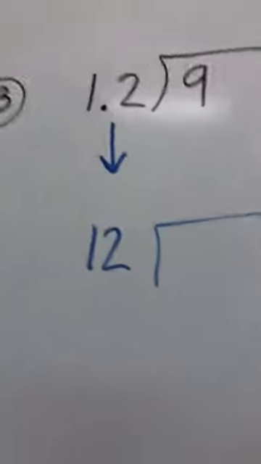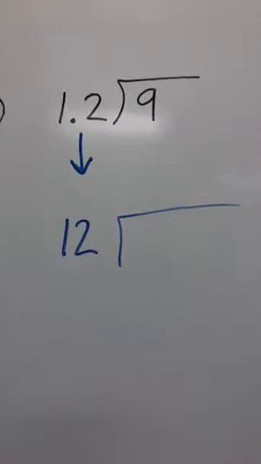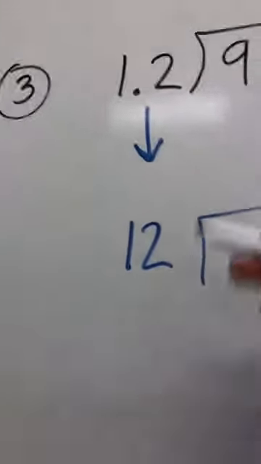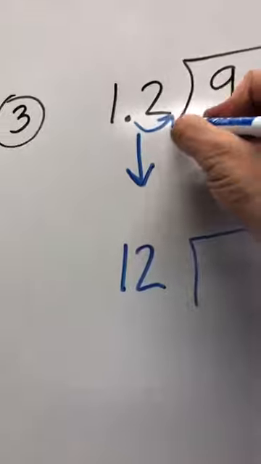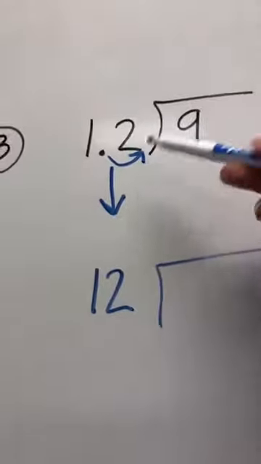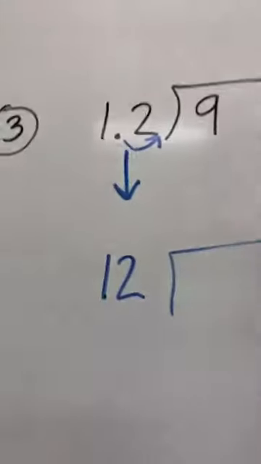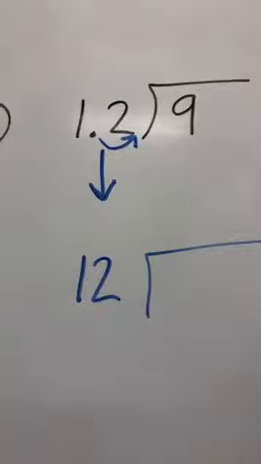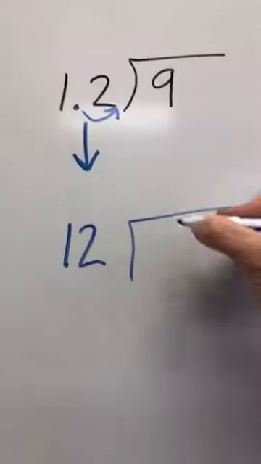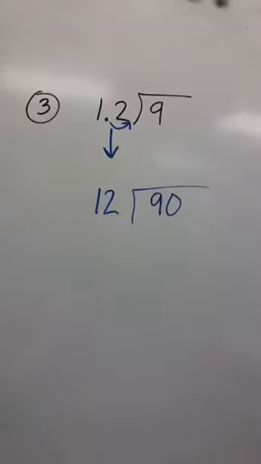In order to change that 1 2/10 into 12, what I really had to do was multiply it by 10. If I move the decimal point over 1 space to make it 12, what I really did was multiply 1 2/10 times 10 to get 12. So I have to do the same thing to my 9. 9 times 10 is 90. Now I can divide.